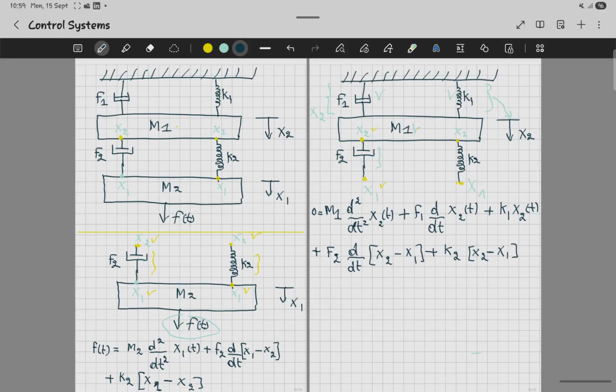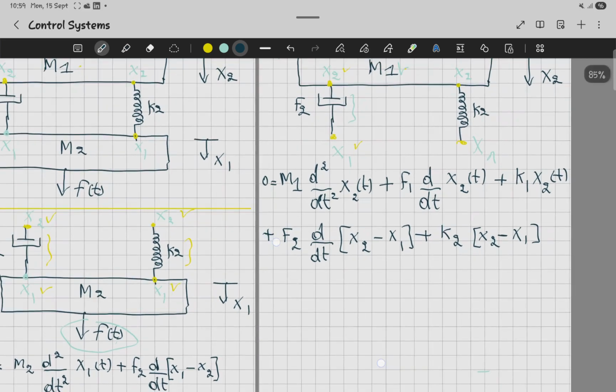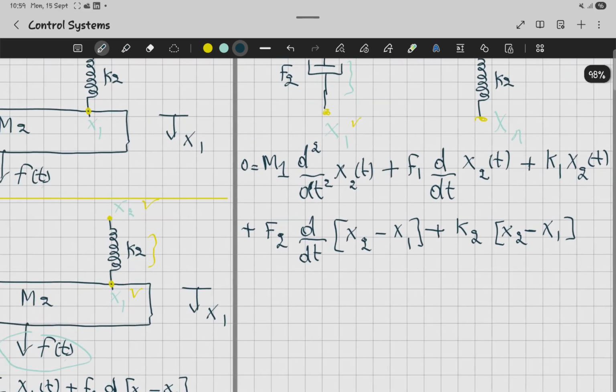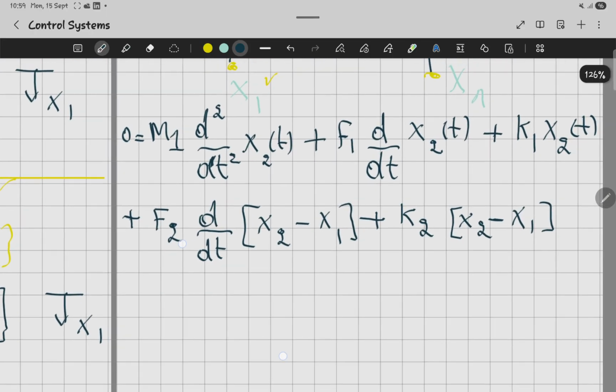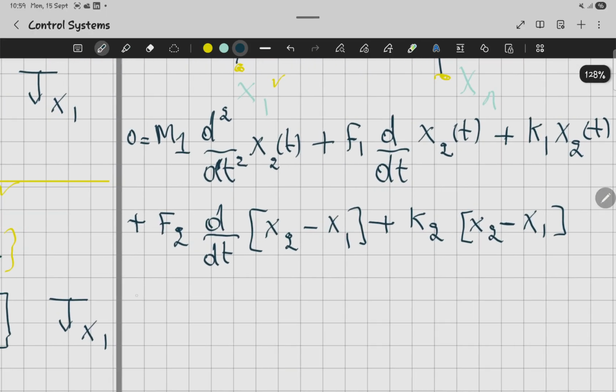So you got both equations, and you can convert them into S domain and then solve them later on. If you want to write this equation into S domain, you will get something like this, if the initial conditions are equal to 0.